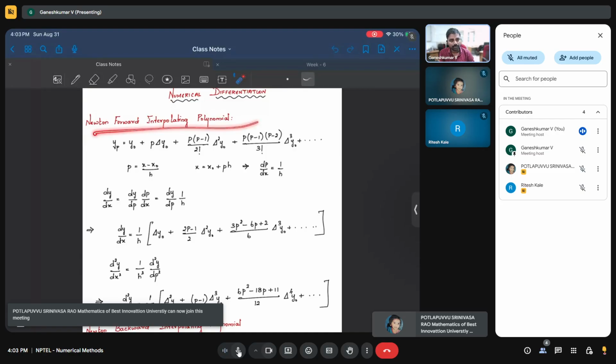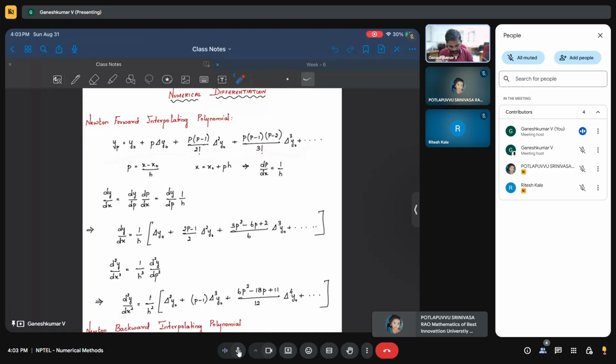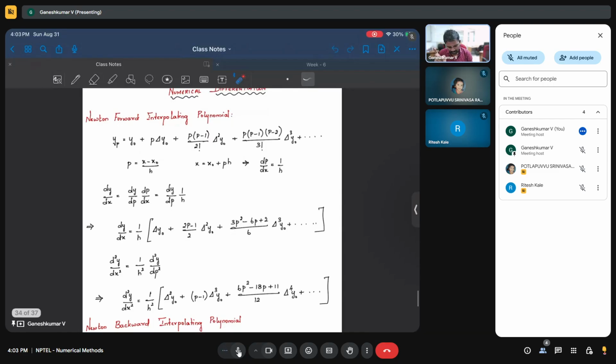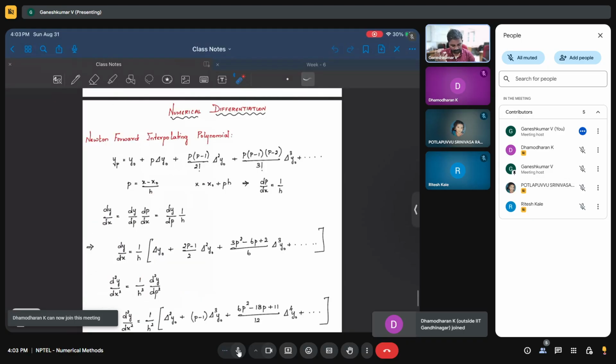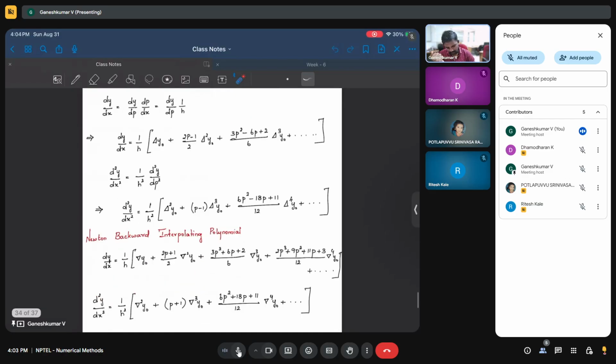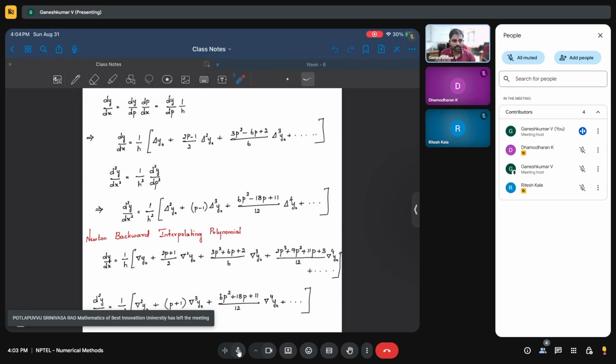First is Newton's forward interpolating formula. This is our interpolating formula. If you differentiate it carefully, you will end up having dy by dx to be something like this. Then you can differentiate it again, up to n times, where n is the degree of the polynomial. So you can also find d square y by dx square and d cube y by dx cube, provided you have enough data points to construct that polynomial.